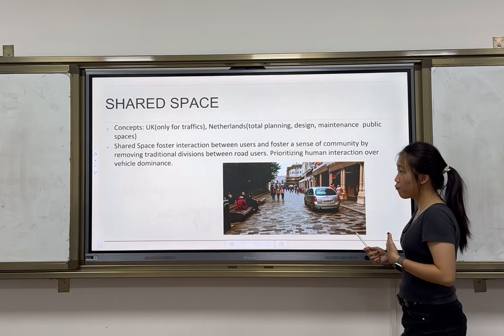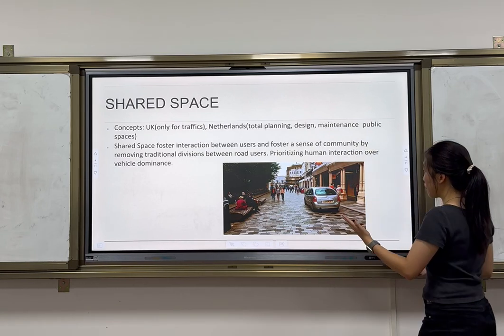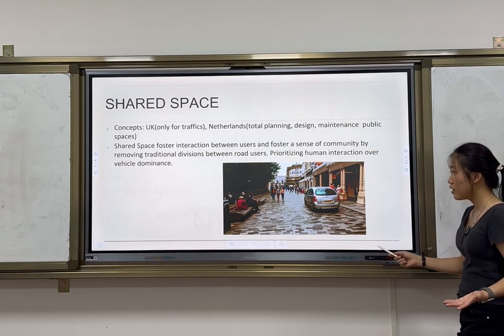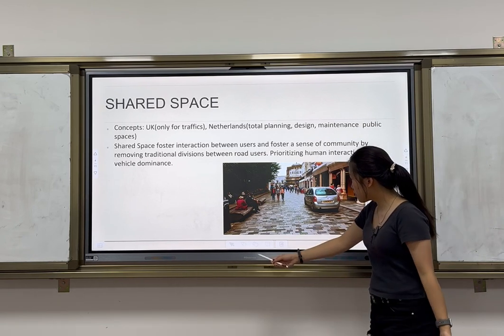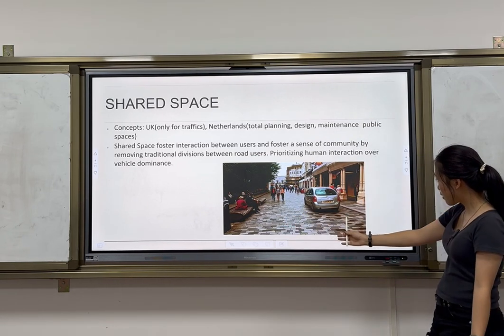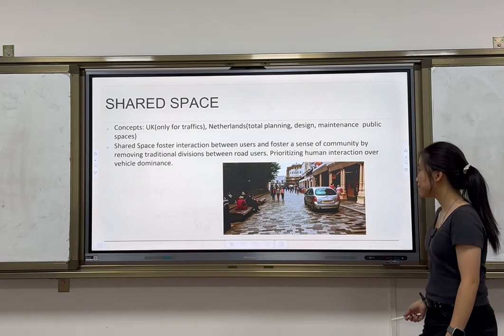So, if we want to succeed in shared space, we need to focus on the people who live in these areas, for example, road users, pedestrians, cyclists, and different types of drivers.